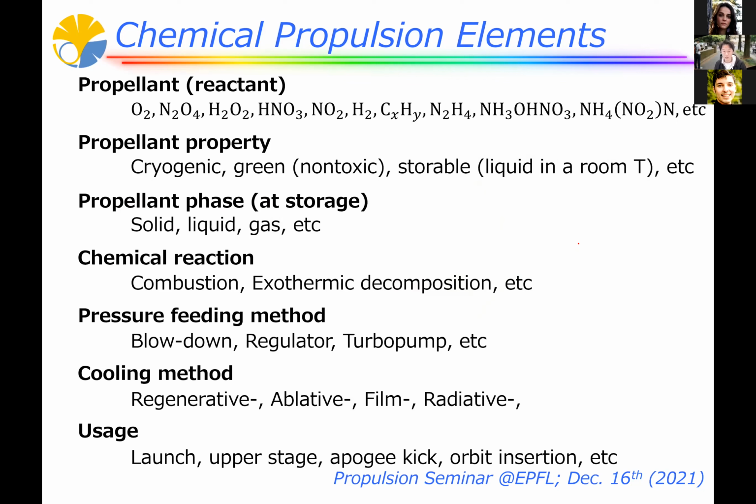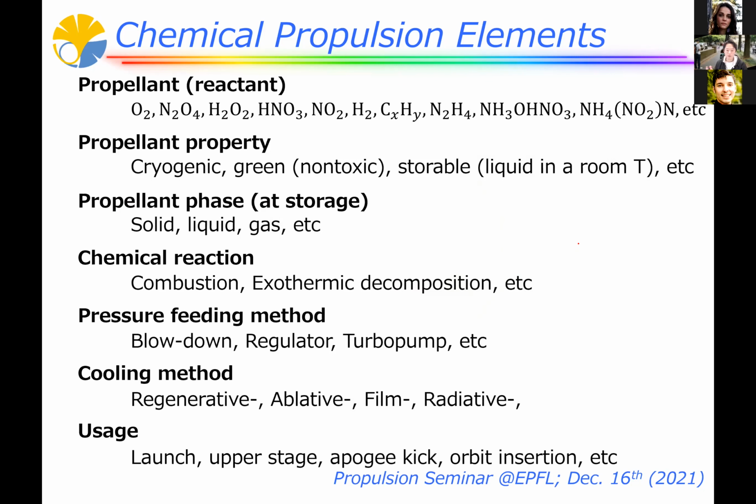Green means non-toxic. Another feature is the phase, solid, liquid, or gas, at storage inside the tank. As to the chemical reaction, the most typical one is combustion. However, some use exothermic decomposition instead.